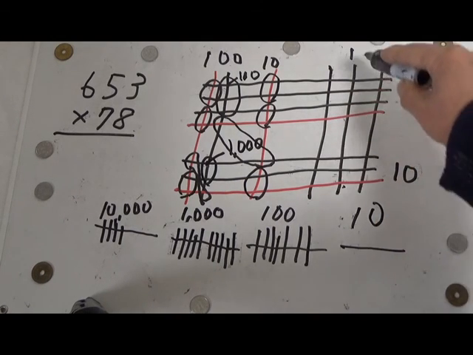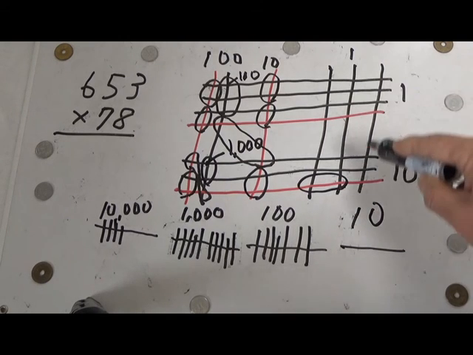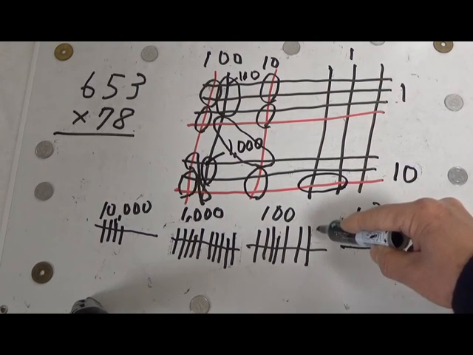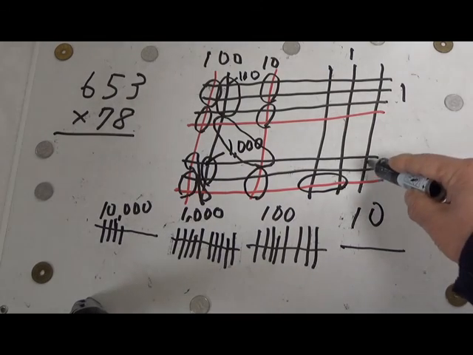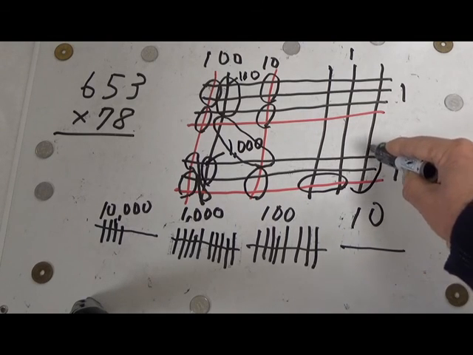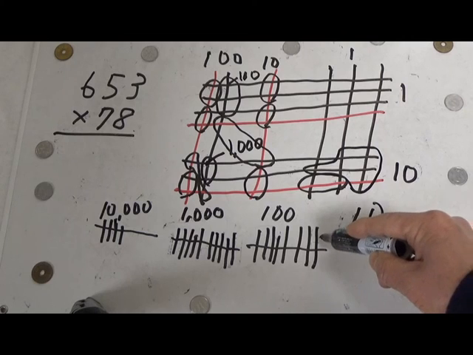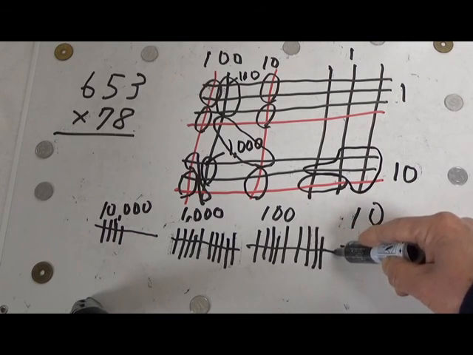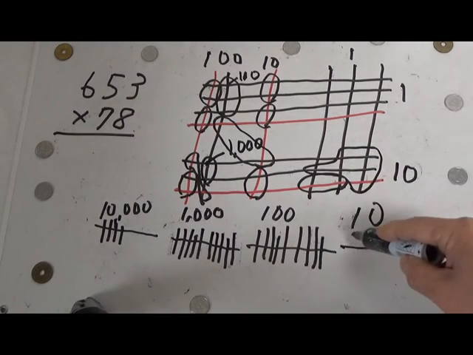And this is 1 line and 10. This is 10. 10 times 10 lines, and 1, 2, 3, 4, 5, and this is 5, so these are 10 times 10 lines, and remaining 1 10.